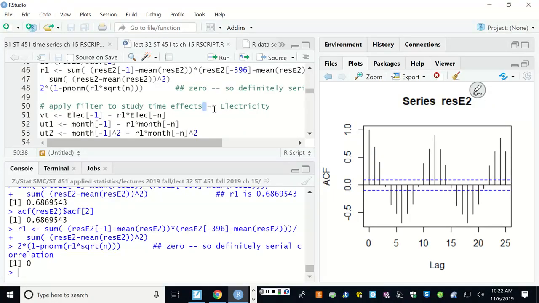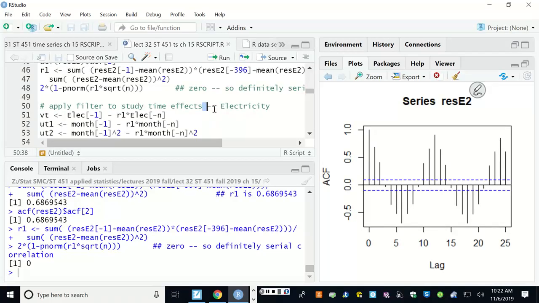So this is electricity at positions 2 through n, and this one is electricity at positions 1 through n minus 1. So the first one here is always 1 ahead of this one. That does the filtering. We filter month. We also filter month squared because that's in the model.